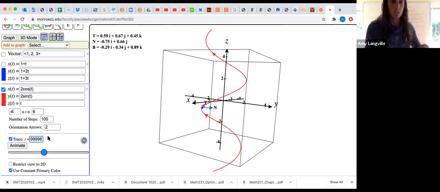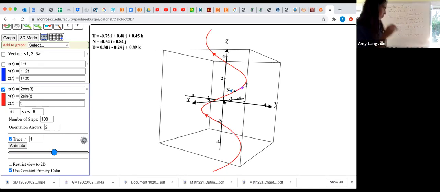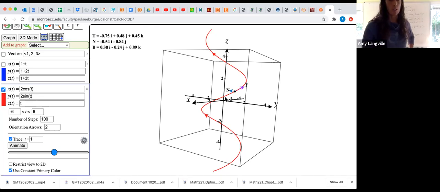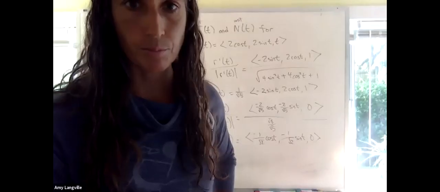So if you're interested in t equals 1, you can enter that in the trace, and it'll move it up there to 1. It'll output in the upper left corner the T at 1, the N at 1, showing those as vectors, which you can confirm with what your computation was. So confirm your calculation with the calculation that CalcPlot3D is doing.